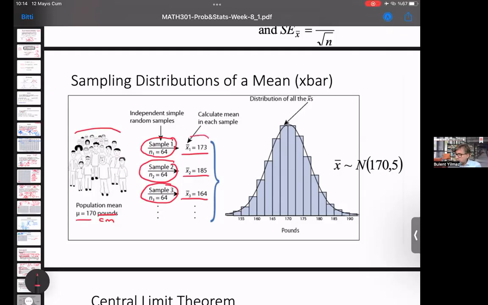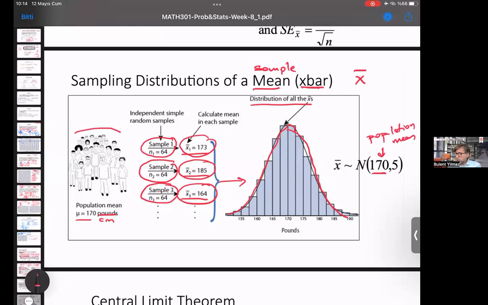If I plot these numbers as a histogram, the distribution of the sample means will have a normal distribution. And the mean of this sampling distribution of all the X bars, where X bar is the sample mean, is going to be the population mean.